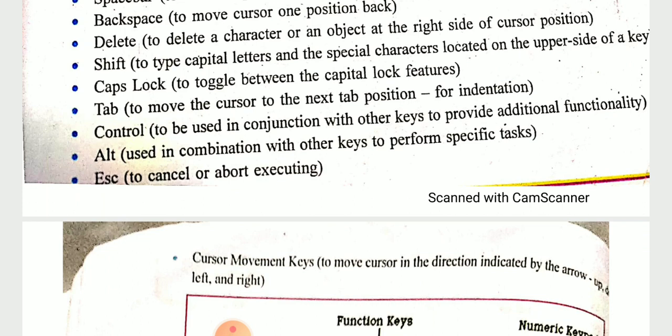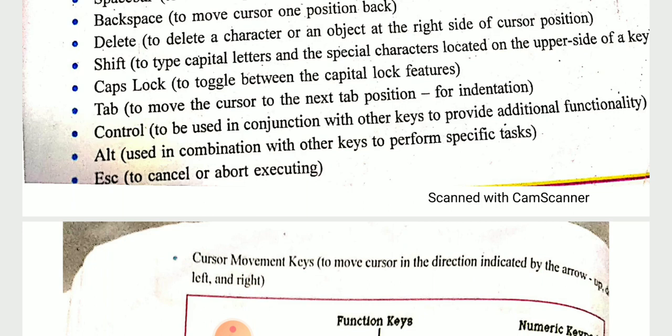So what is the use of backspace key? With the use of backspace key, we can move our cursor one position back, and we can erase data. With the use of backspace key, we can erase the character.